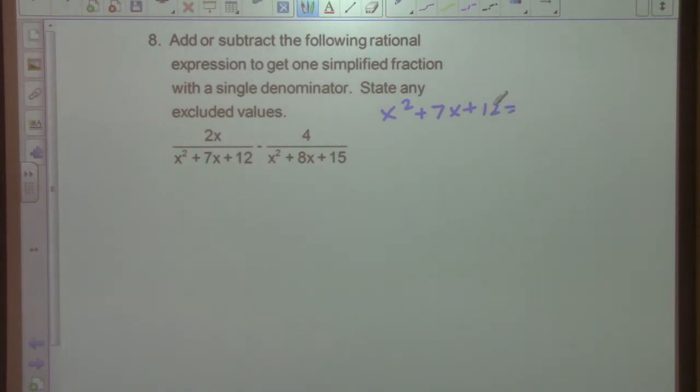That's going to be equal to x plus 3, x plus 4, right? And then next we have x squared plus 8x plus 15. That's going to be equal to x plus 3, x plus 5.